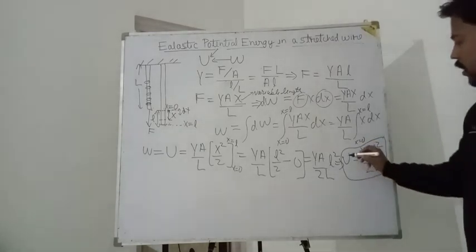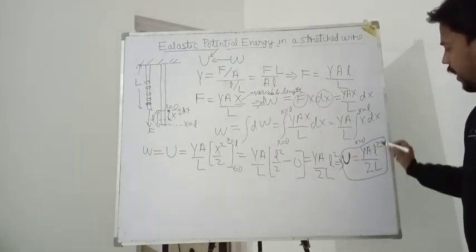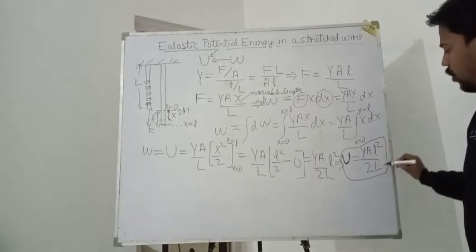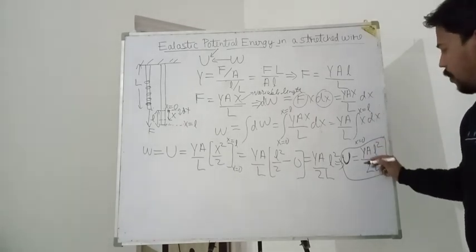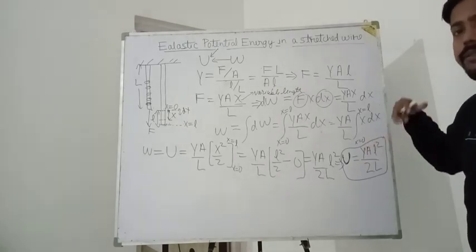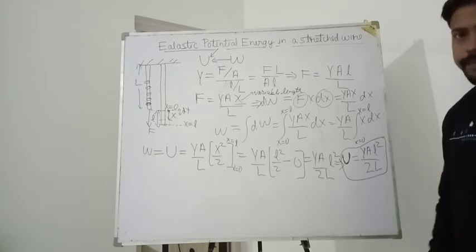Now let us convert this value in terms of the physical quantities that we have studied. Let us reduce this mathematical value to the quantities which we have studied, for example, in terms of stress and in terms of strain. So for that what we do?